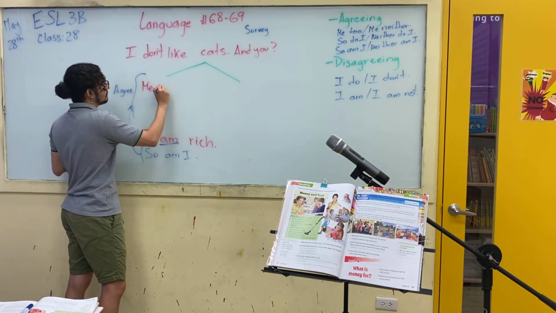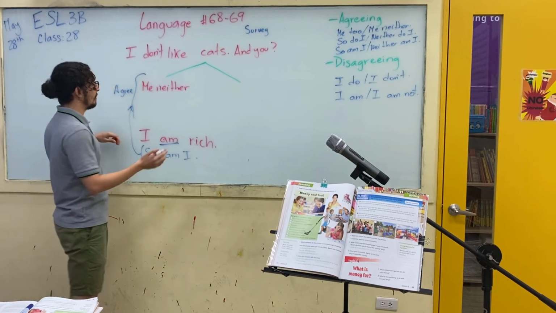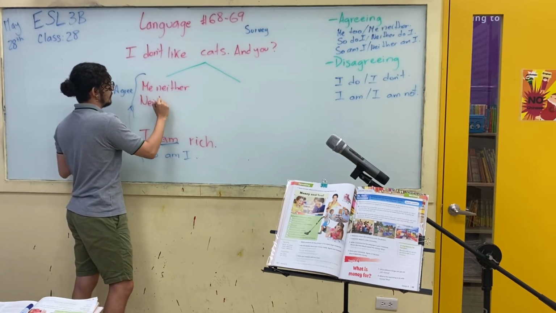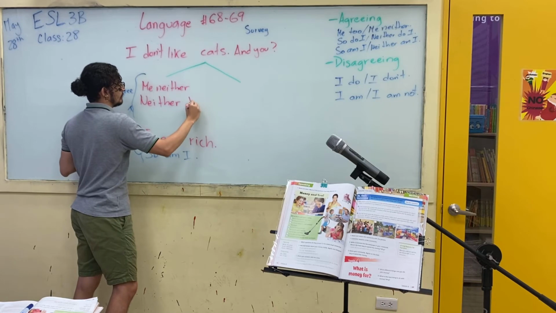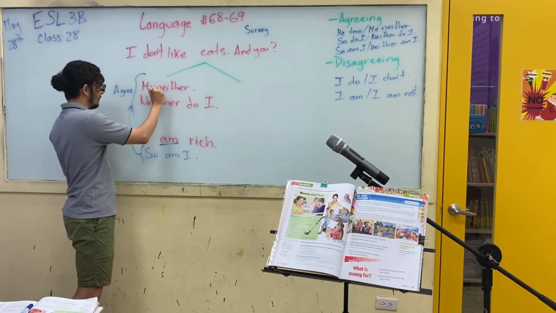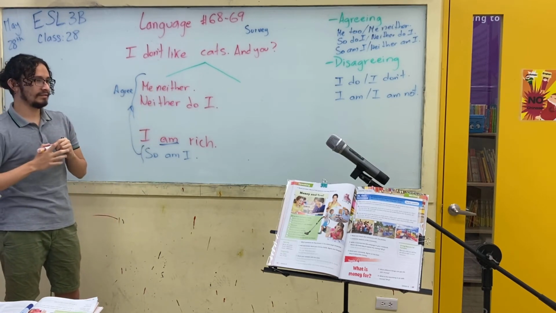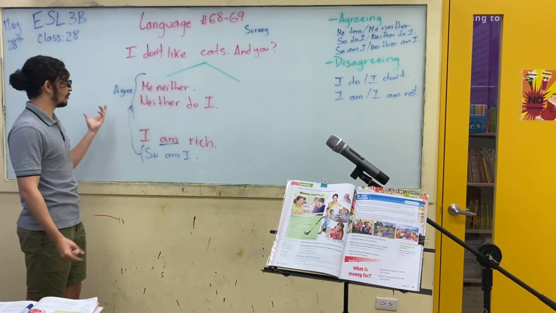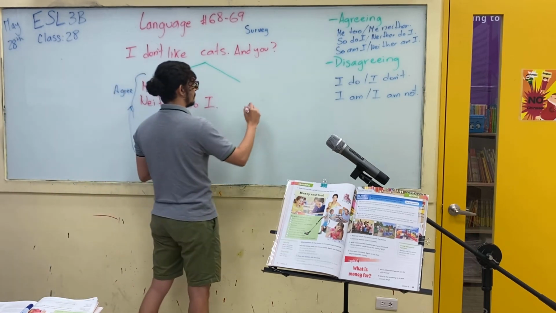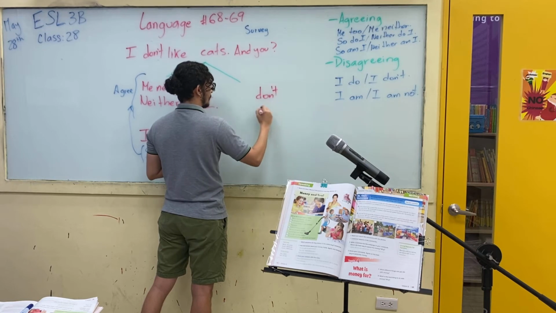Me neither. Me neither. Or neither do I. Neither do I. What this means is you don't like cats. And you don't. Neither is a contraction of don't and either.